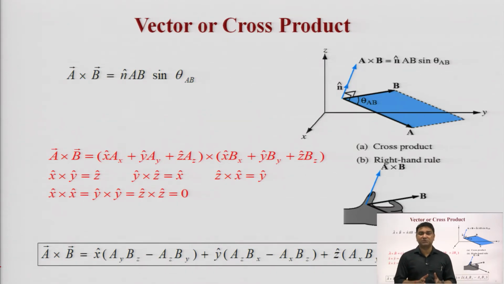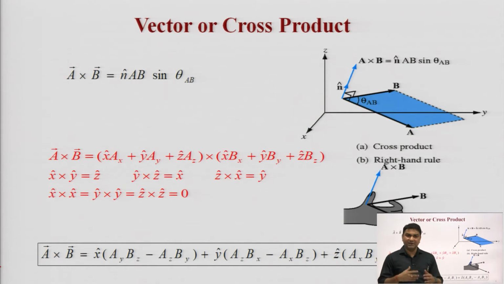Only the terms which have the multiplication of a unit vector with its orthogonal unit vector survive: x cross y is equal to z, y cross z comes as x, and z cross x comes as y.